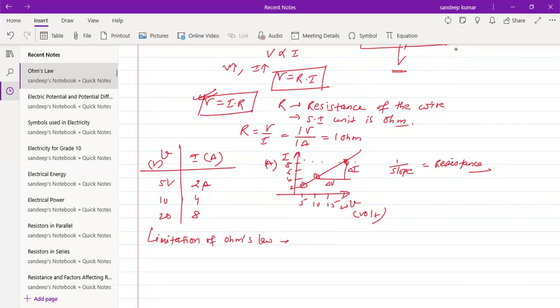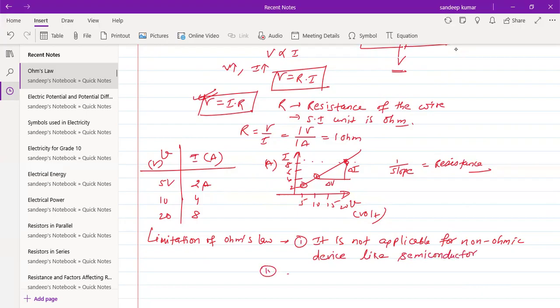First, it is not applicable for non-ohmic devices like a semiconductor. And second, it is not obeyed at a very high temperature.